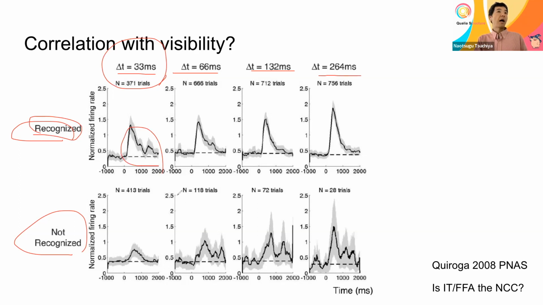But when it's not recognized, this diminishes, and it can be shown in each of the trials. But as you go to the longer duration trials, the response itself seems to be big, but the subject sometimes missed it.